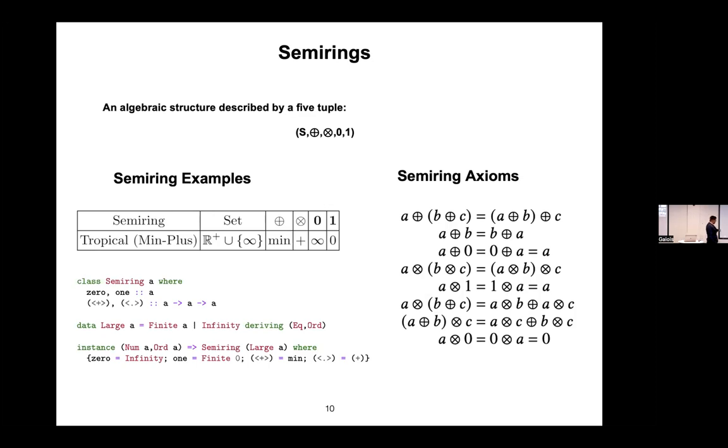This is the data type Large, which is the underlying set. Finite A is R plus, and infinity is the infinity element. And we can easily write an instance definition of Large for the Semiring type class.